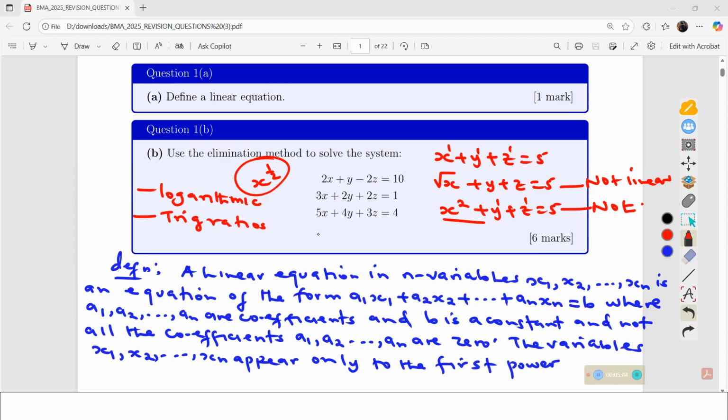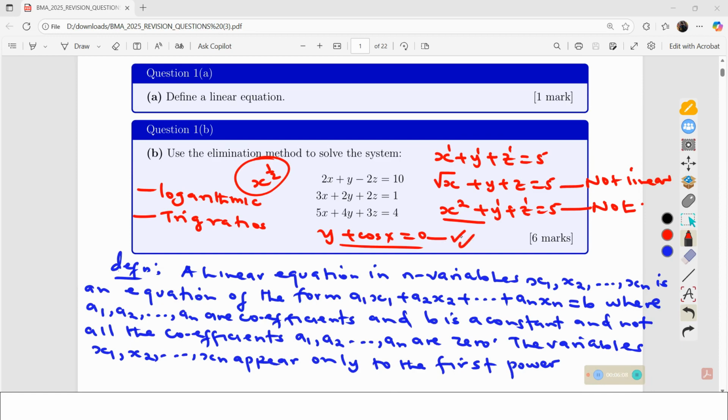For example, y plus cos of x equal to 0 is not a linear equation. So a linear equation is that equation which is strictly having the variables raised to the power of 1.